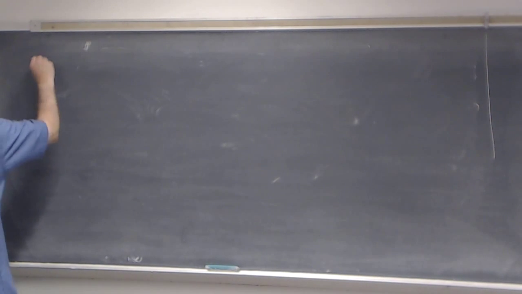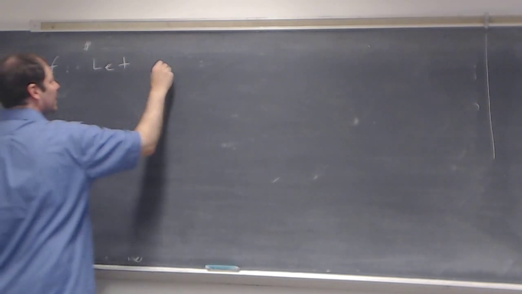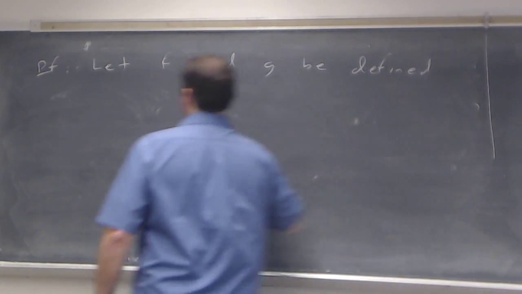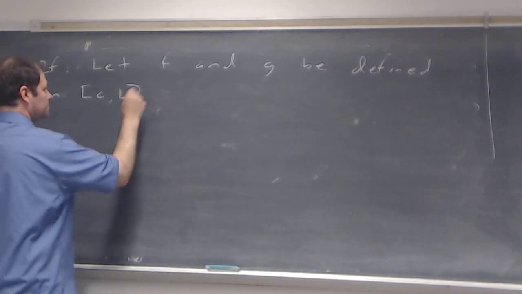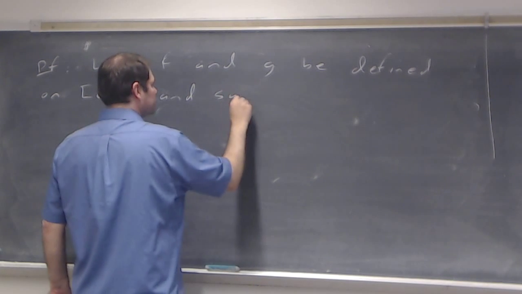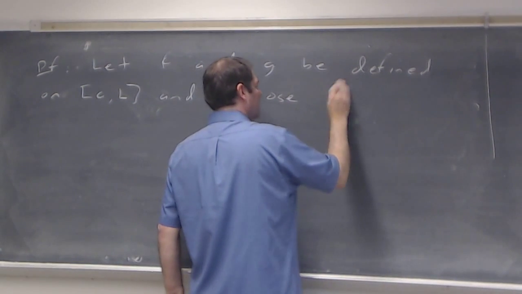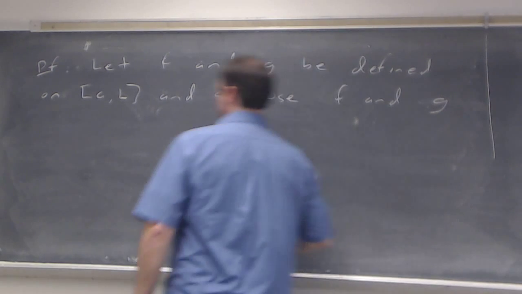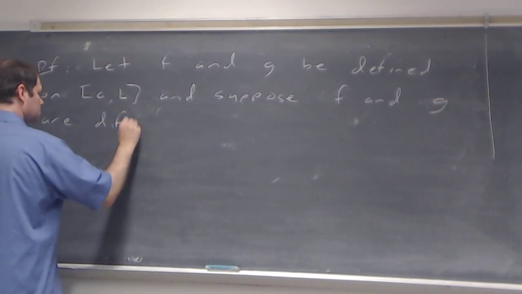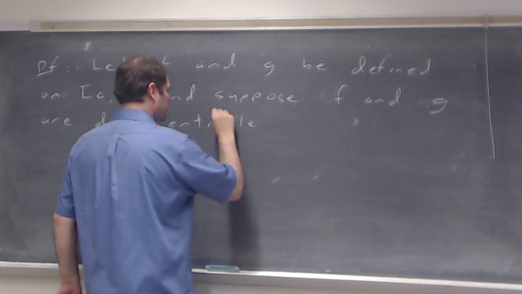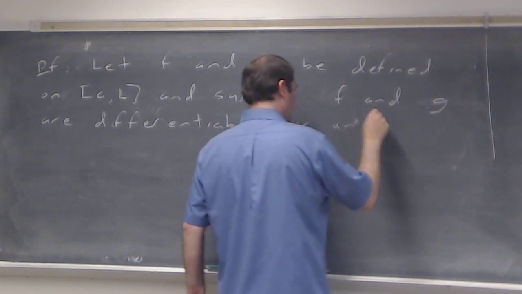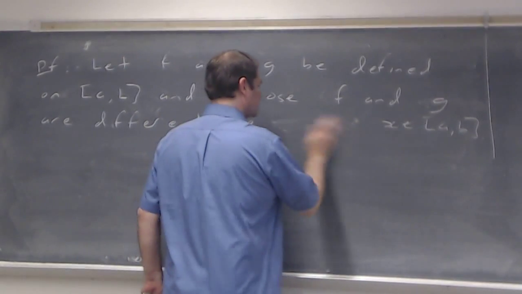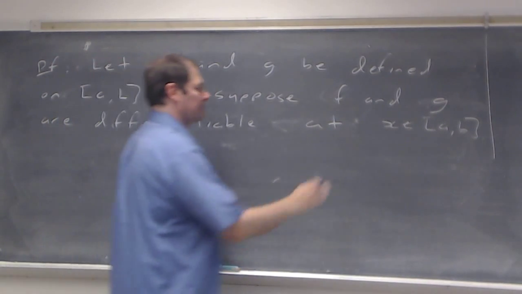So, prove. We're going to let f and g be defined on (a, b), and suppose f and g are differentiable at x, an element of (a, b).